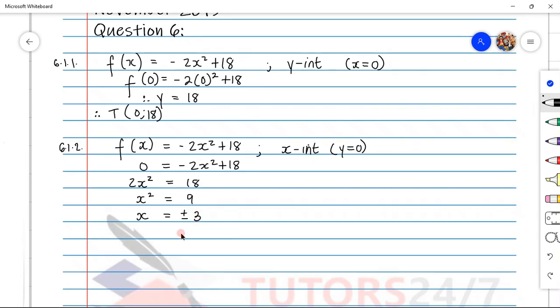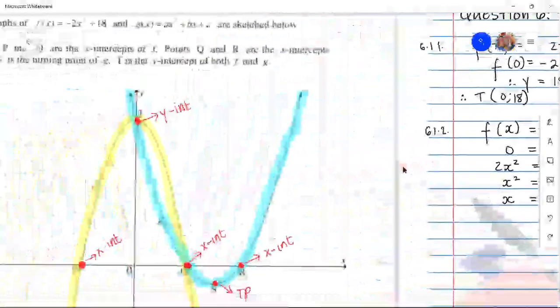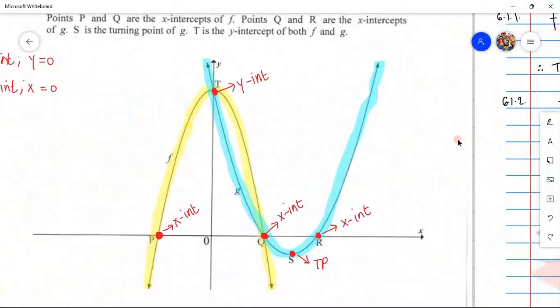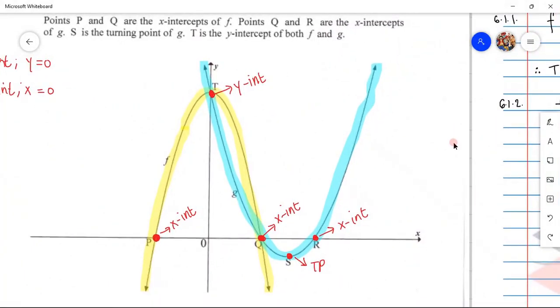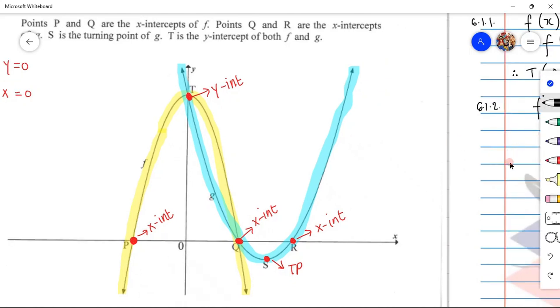Now we know that whenever we square root something, it's always going to result in a positive or a negative value. So we need to figure out which value represents q and which value represents p. Now if we go back to our function, we can clearly see that q is on the positive side of our x-axis, whereas p is on the negative side. So positive 3 is going to represent q, and negative 3 will represent p.